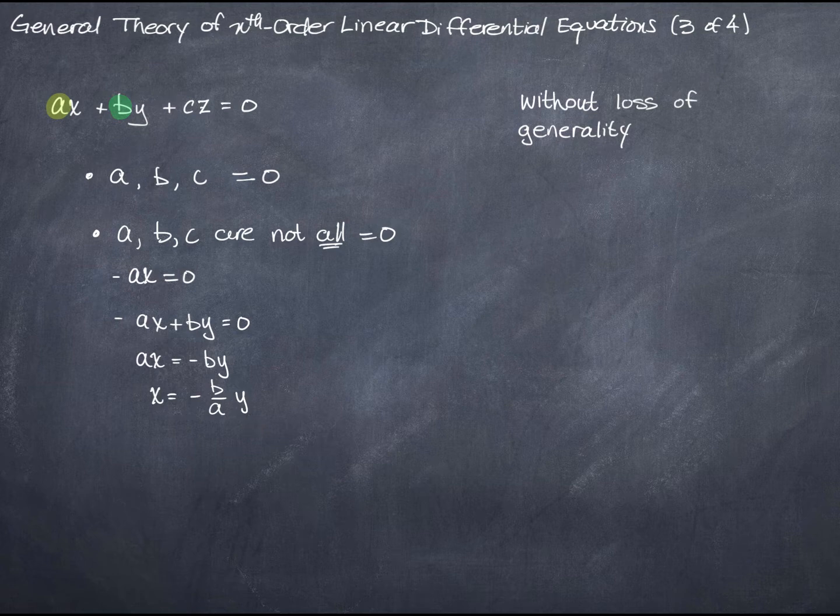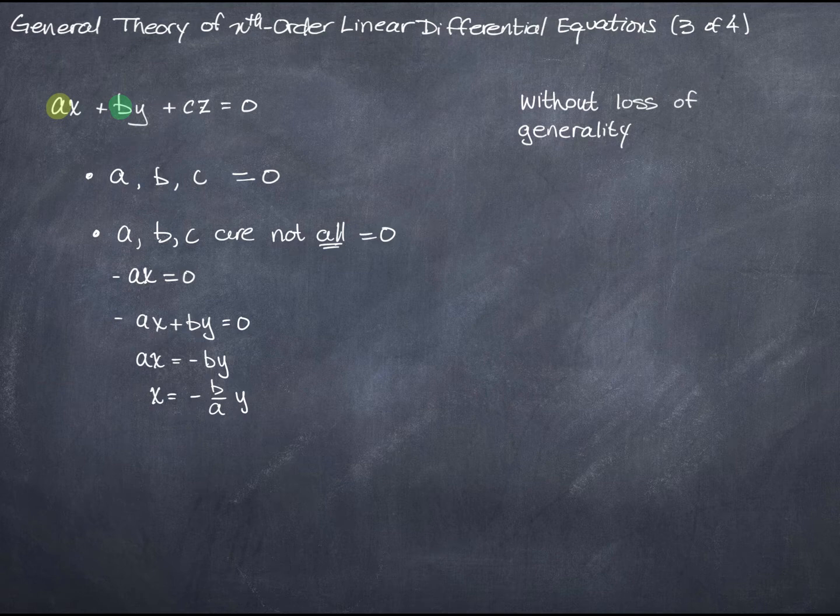Okay, so if A, B, and C are all 0, this is clearly true. If only A is not 0, I get the trivial case, and I'm not interested in that. If there are two that are not 0, then I get a case where one of the variables x and y can be written as a constant multiple of the other.